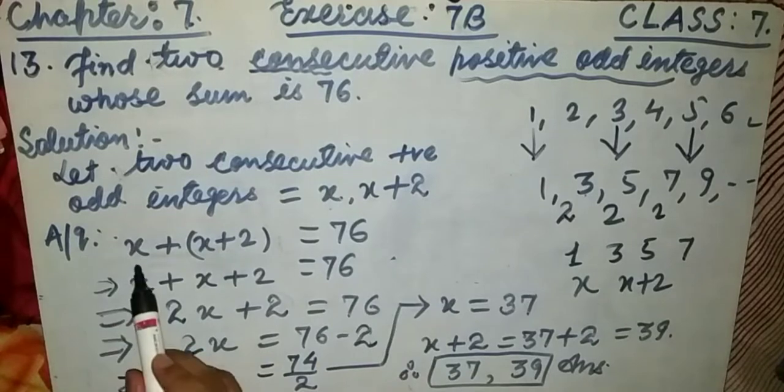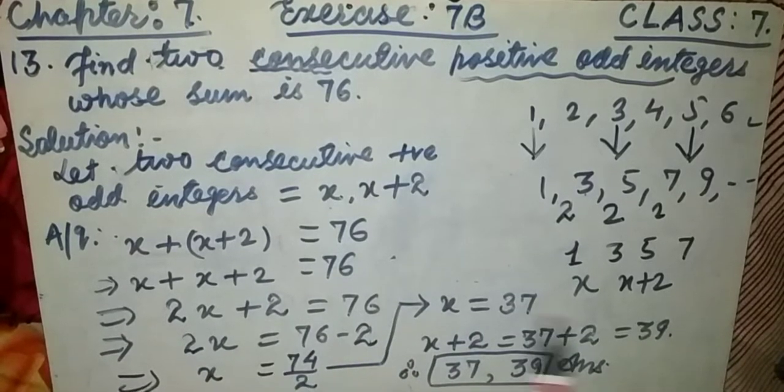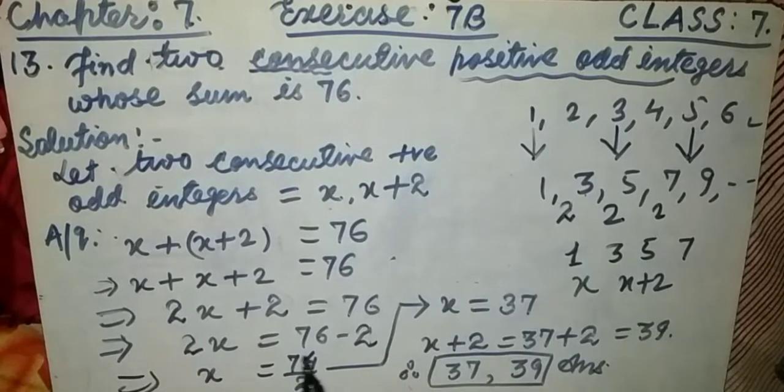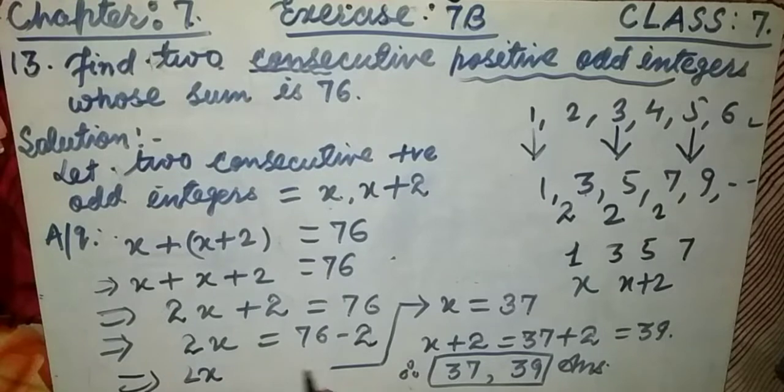So according to the question, x plus (x plus 2) is equal to 76. Remove the bracket: x plus x is 2x, plus 2 is equal to 76. Now 2x is equal to 76 minus 2, because we bring 2 to the right hand side with a negative sign. 76 minus 2, 74.